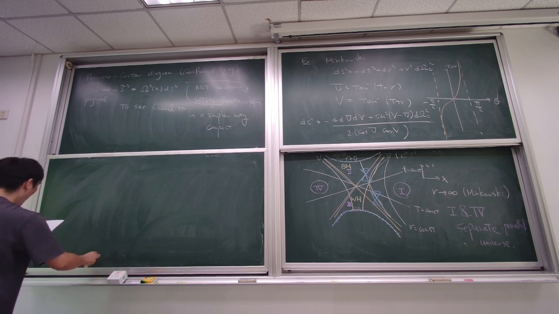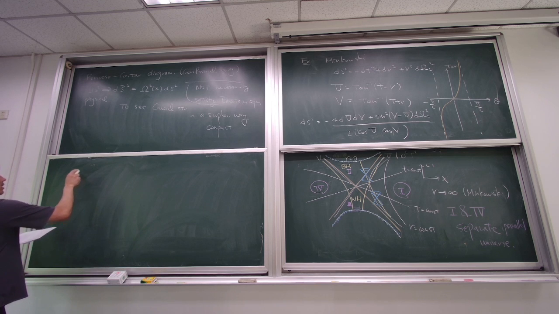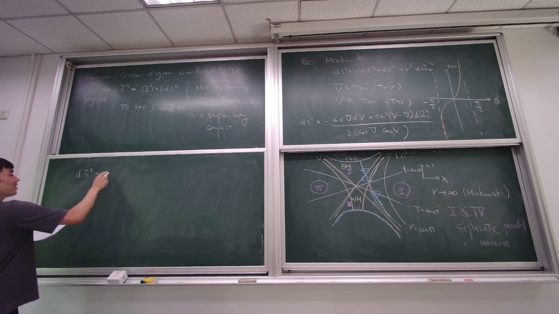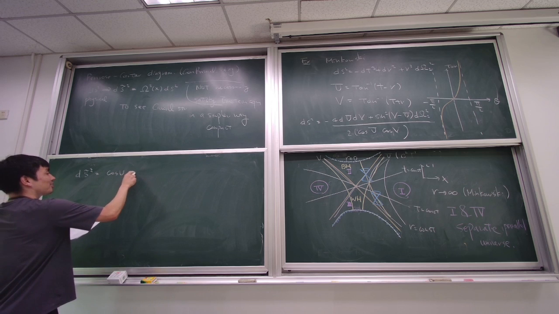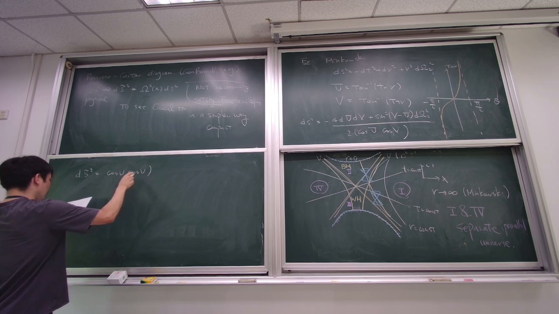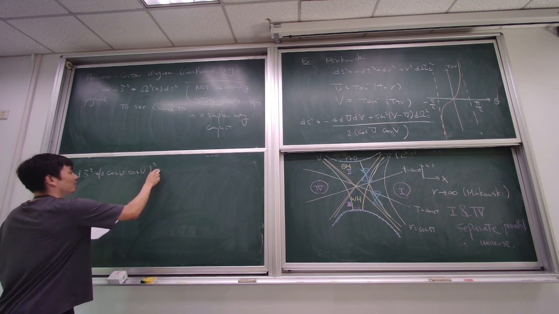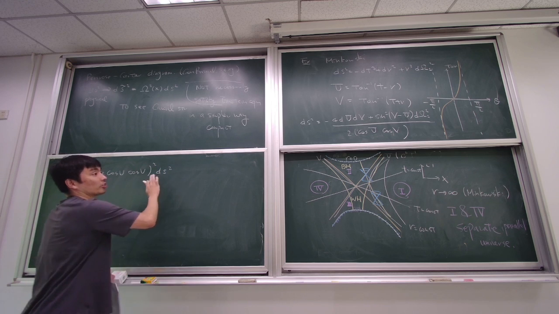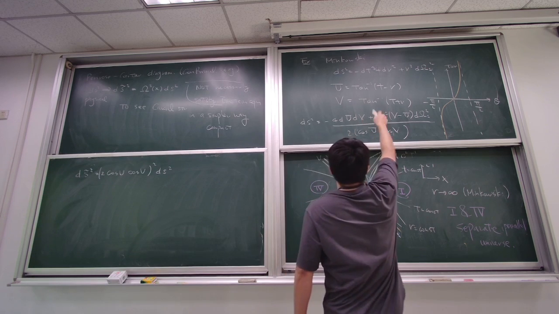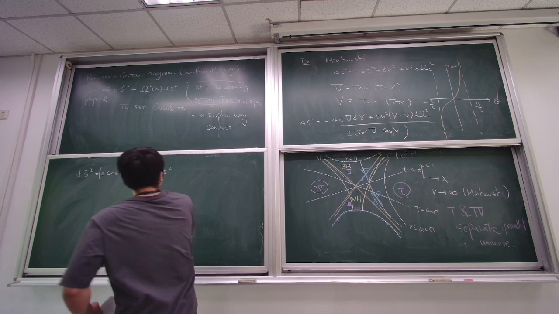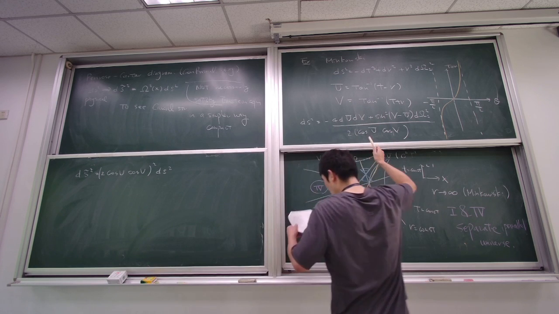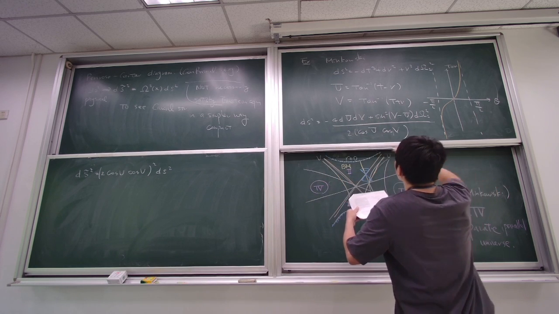Okay, so then let's focus on the following thing. If you multiply the factor, cos u cos v squared, and this ds squared, the original metric is like this. Sorry, I think I made a mistake.